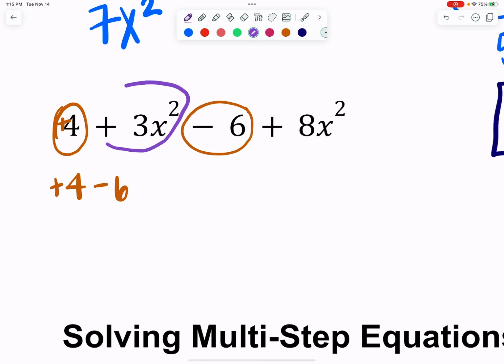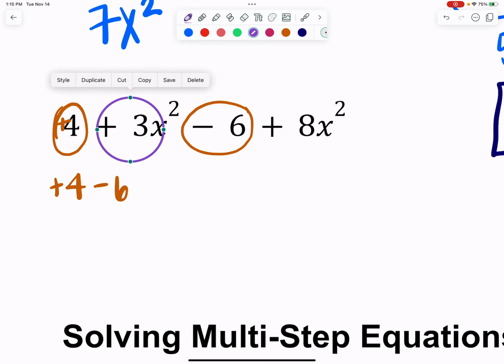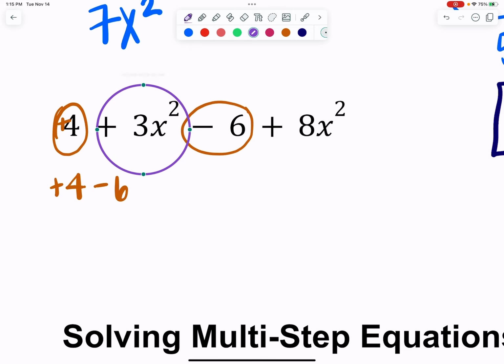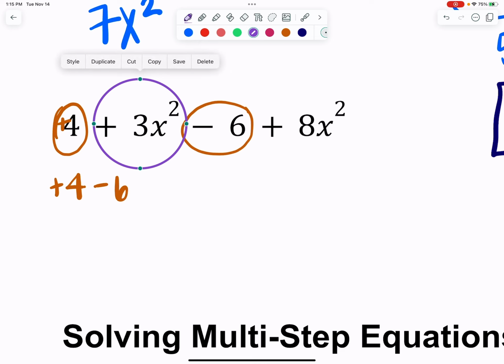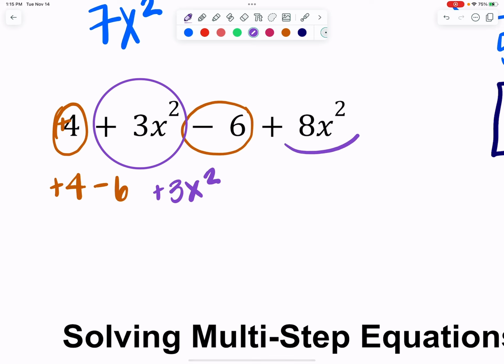Then I'm going to look at my next one. The next one, whoops, I guess I have to make it bigger, is a +3x squared. And then I have a +8x squared. The x's match, the exponents match, so they are like terms.